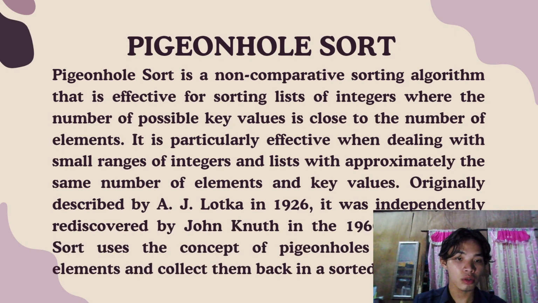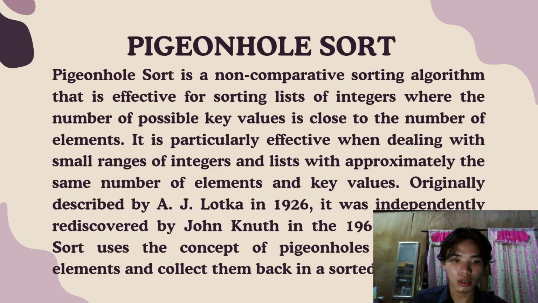So pigeonhole sort is particularly effective when dealing with small ranges of integers and lists with approximately the same number of elements, when the number of possible keys or the range is close to the number of elements.